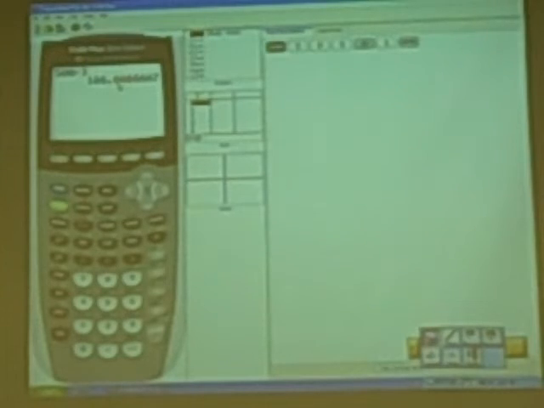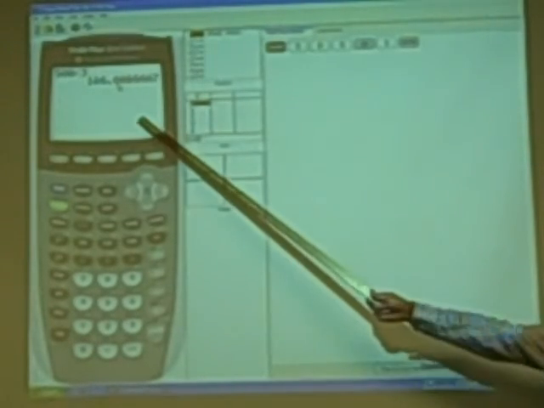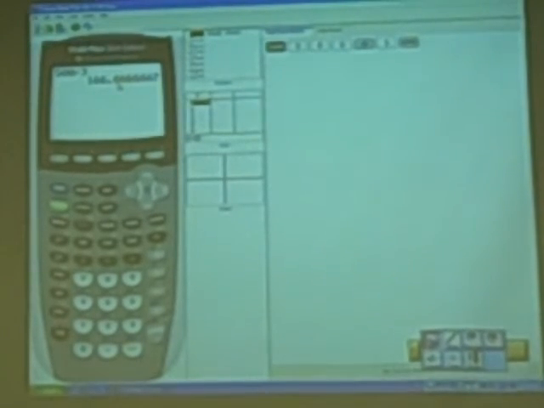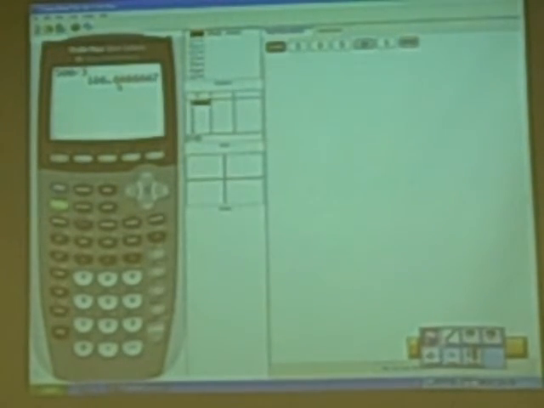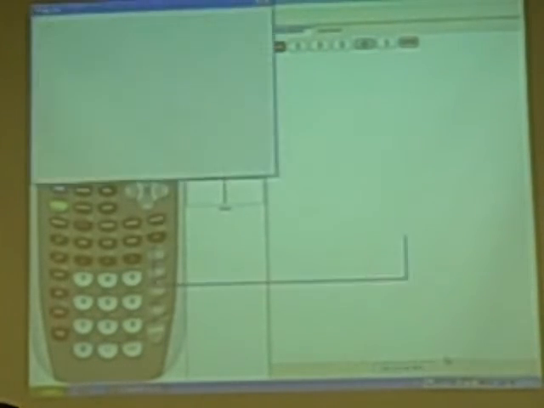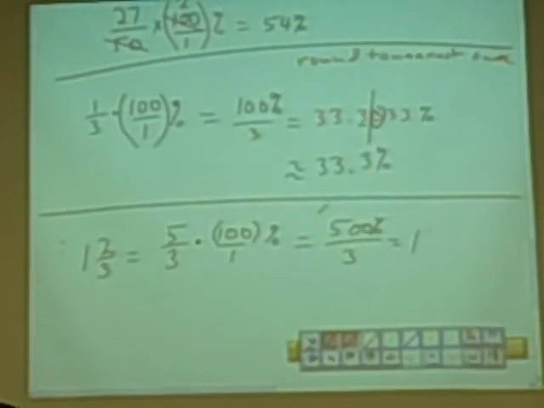So we're going to go to the 6, draw our line. So that's going to be 166 point what? 7, right. Percent, right. You gotta have that percent sign there. Okay.